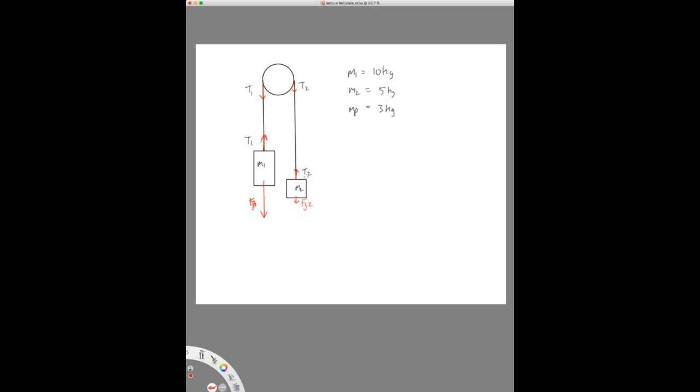Okay, so here's the situation where we have an object that rotates, the pulley, and objects that move in a straight line, and they're all kind of connected. So if we have a radius, let's just kind of draw the radius here.